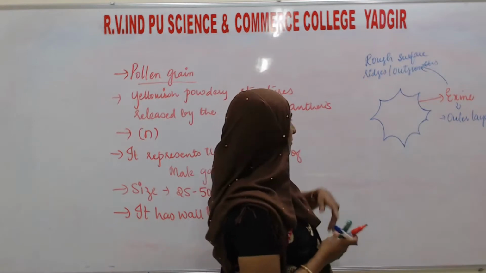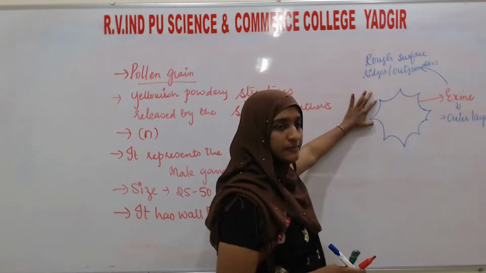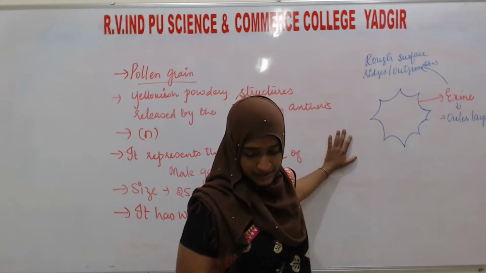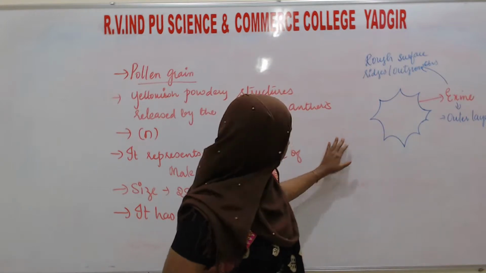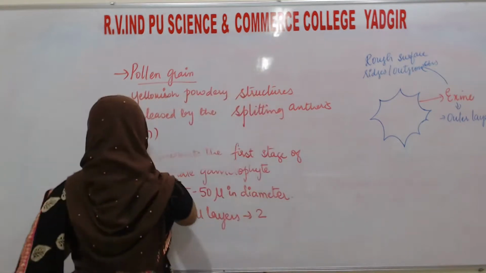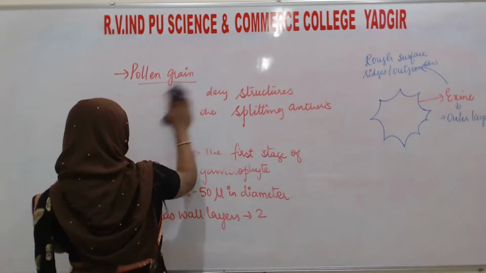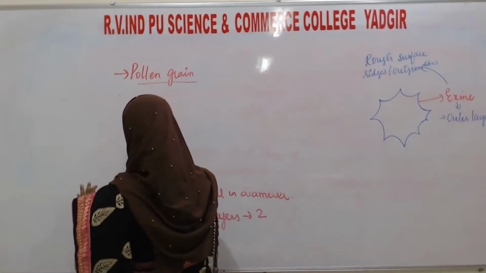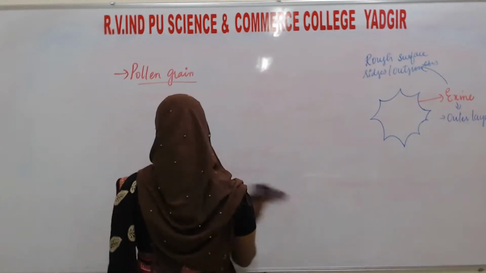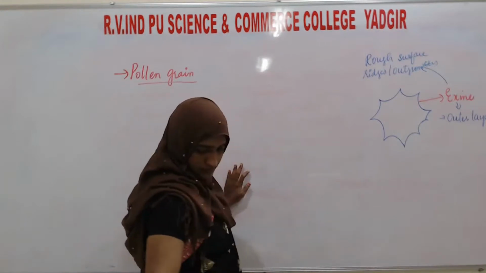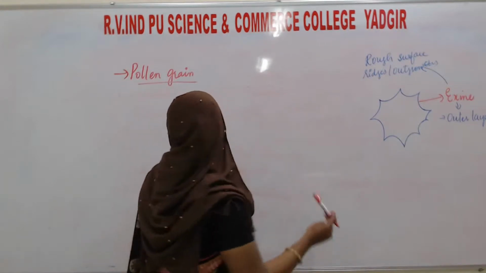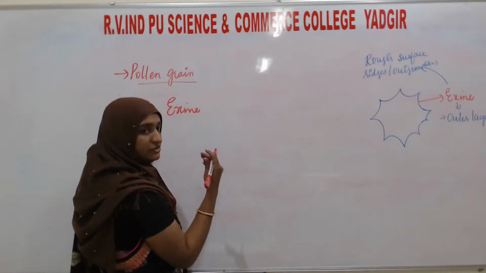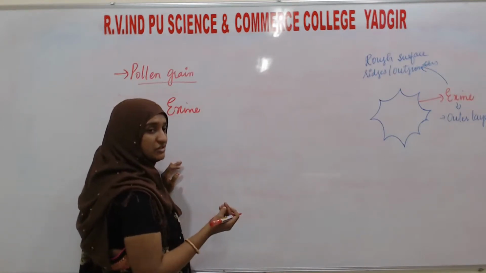You can see these outgrowths or ridges on this layer, that is known as the exine layer.